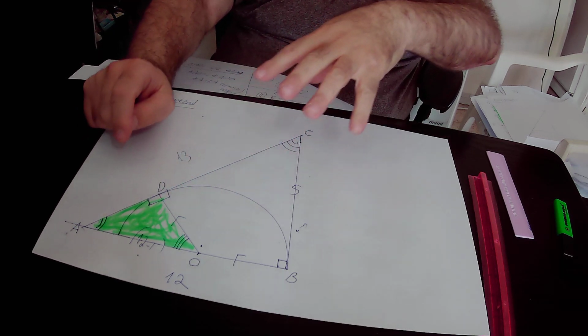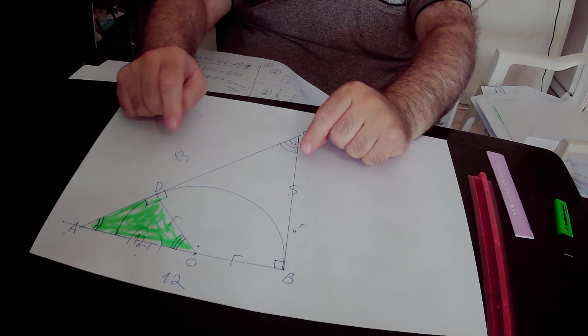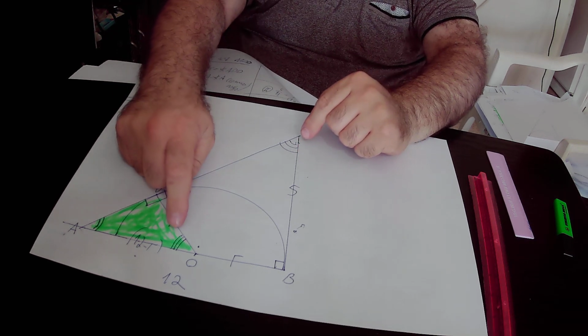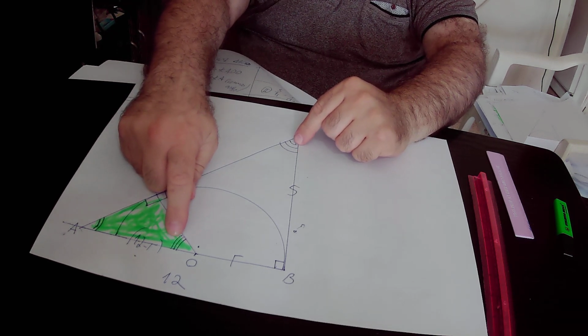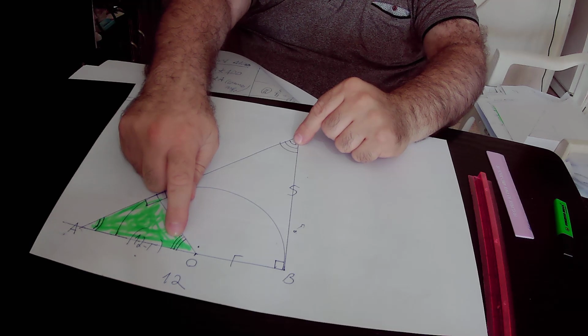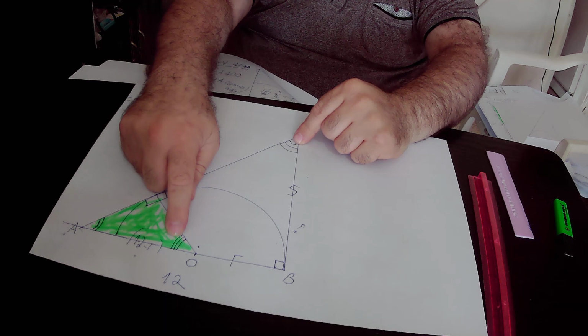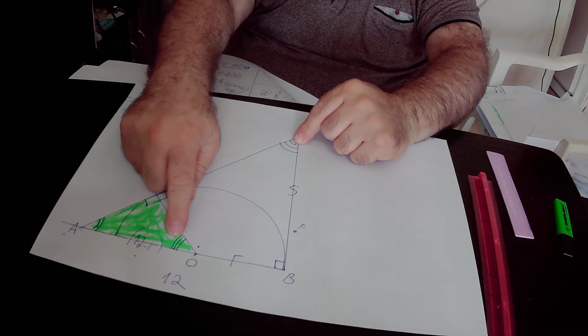So we have two pairs of congruent angles in those two triangles, therefore the third pair of angles must also be congruent according to the third angle theorem, because the angles in each triangle sum to 180 degrees.